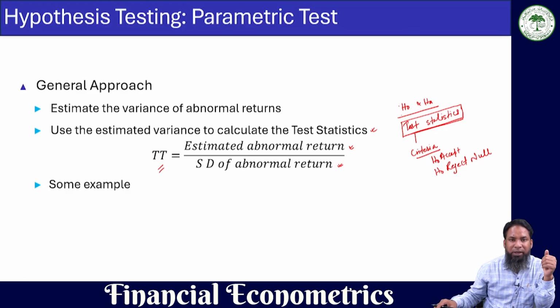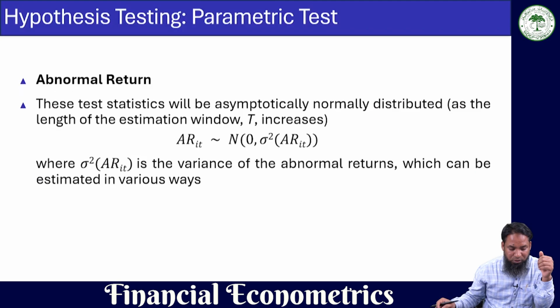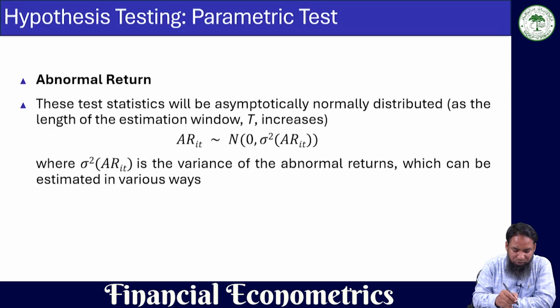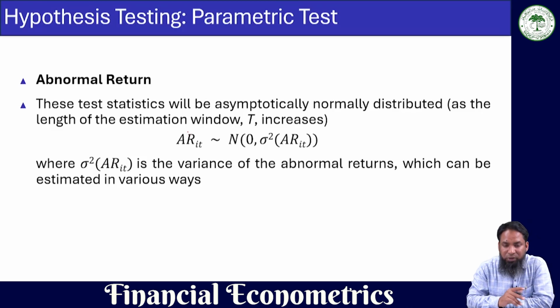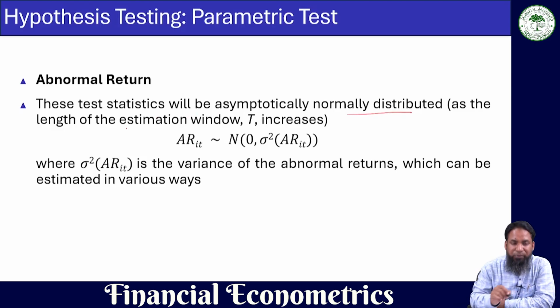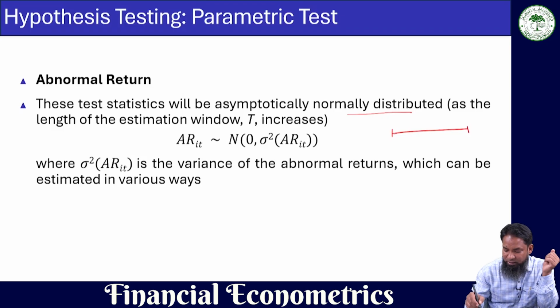So, let us take a few examples here. First, we are taking the abnormal return AR_it, which we have discussed how we calculate. If we use this, the test statistic will be asymptotically normally distributed as the length of the estimation window, that is the event window, increases.